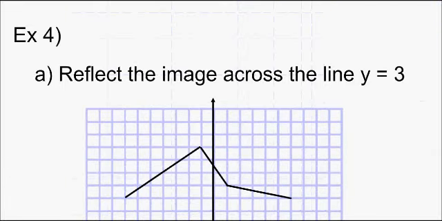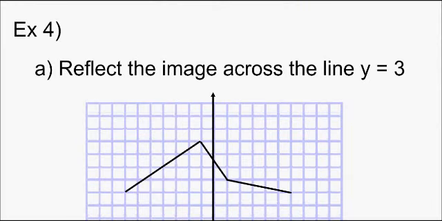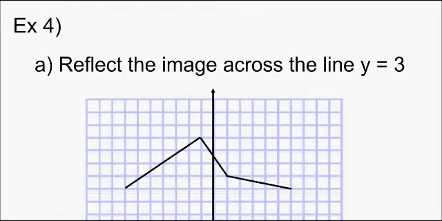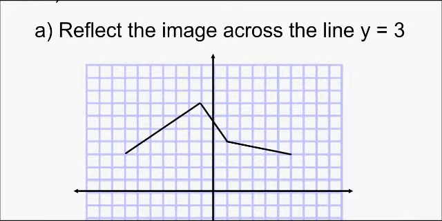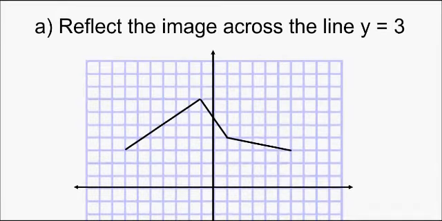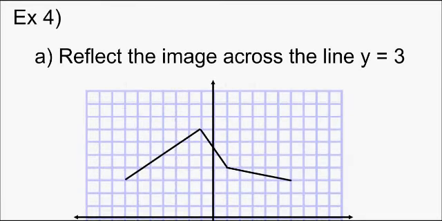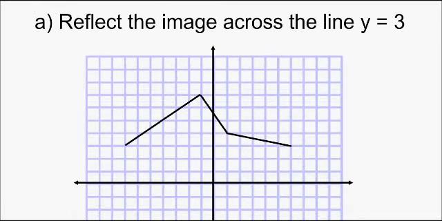Okay. Next, example 4, we're going to look at some different lines of reflection other than y equals x, the x and y axis. So these are a little bit more reasoning, but you can do it. So first we're going to reflect this image across the line y equals 3.